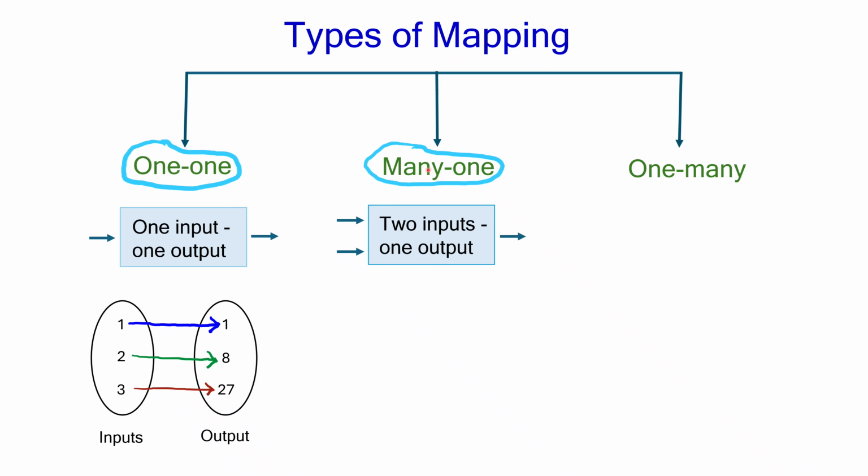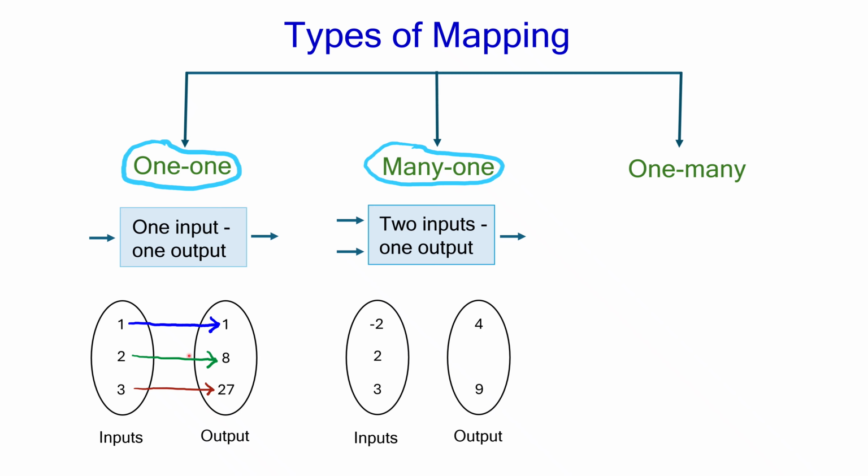Next mapping is many-one. This type of mapping has many inputs and one output. For example, many students belong to one school. Many staff members usually work in only one single specific department. Now we will learn this concept with the help of numbers.